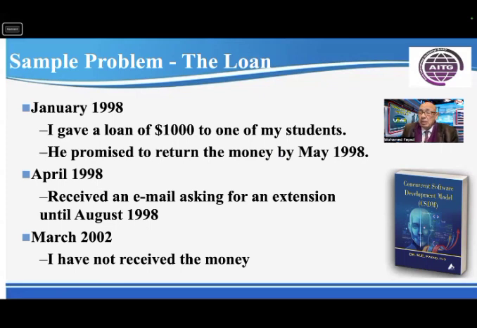He's from India, and there is no way he could get money from anywhere. So I gave him $1,000. It's a true story, but I'm trying to make it very simple and easy. He promised to return it in 1998. In April 1998, I received an email from him asking for an extension to August 1998. In March 2002, I still hadn't received the money.